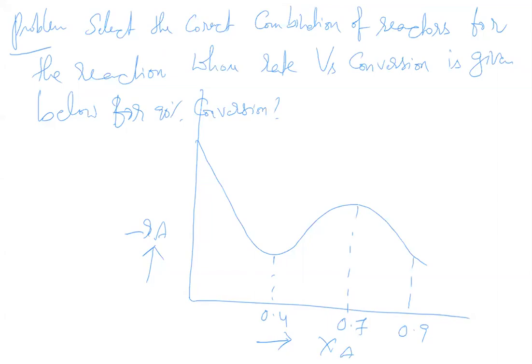Just see here, the rectangle volume is this much, the area under the curve is this much. You should not compare on this one. This is not the right graph for the reactor selection.